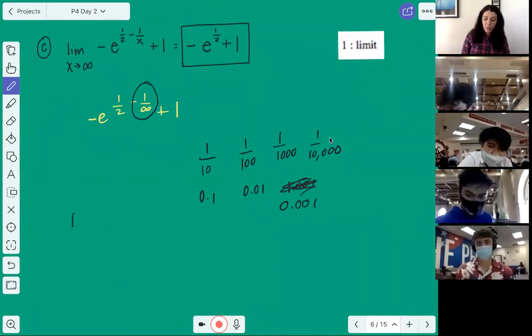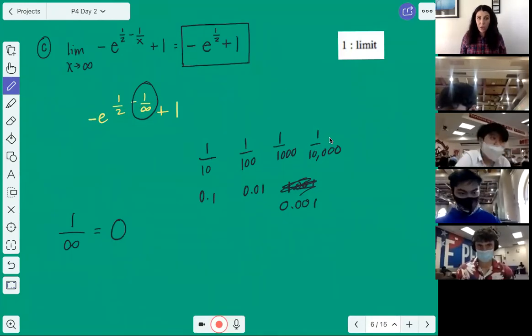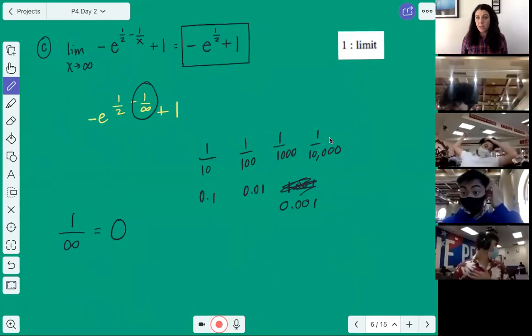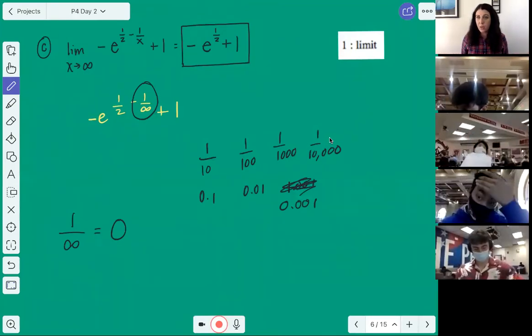So when I do 1 over infinity, really what happens is we get 0. 1 over the largest number possible would be the smallest number possible. So you get a 0 for that portion.